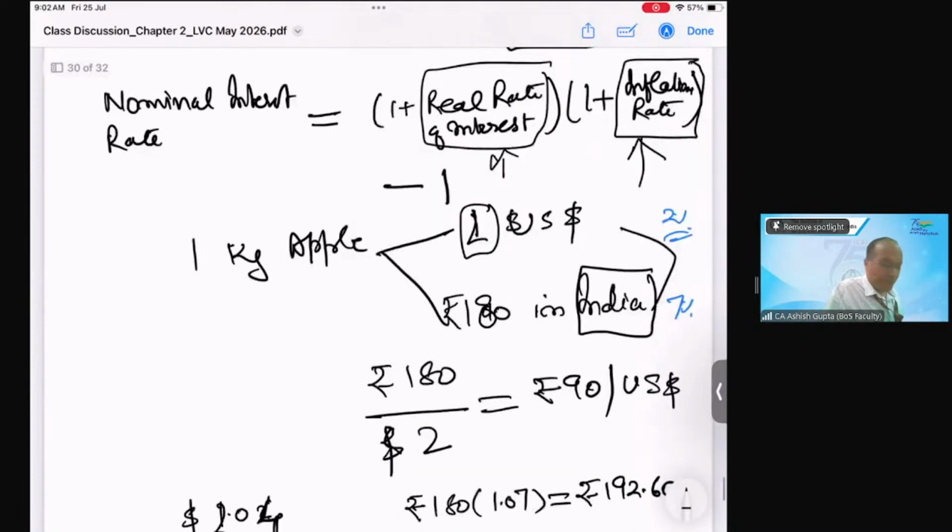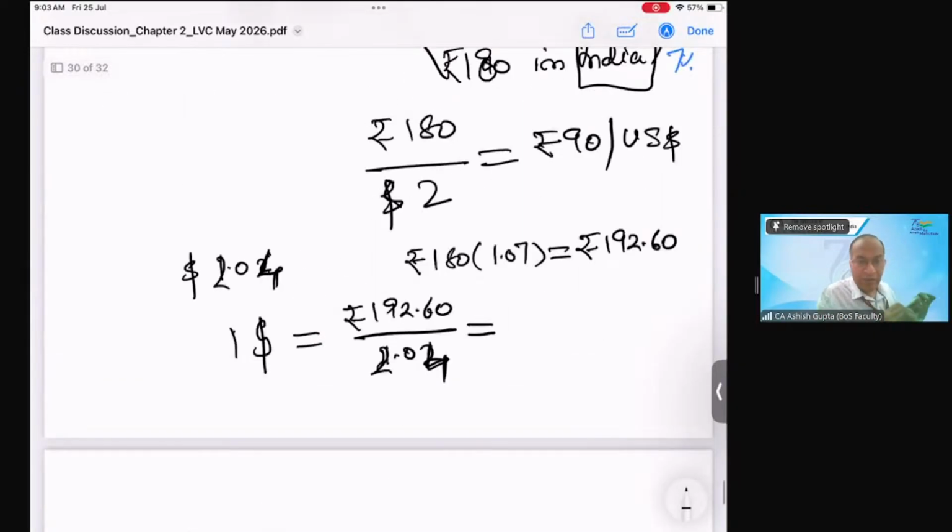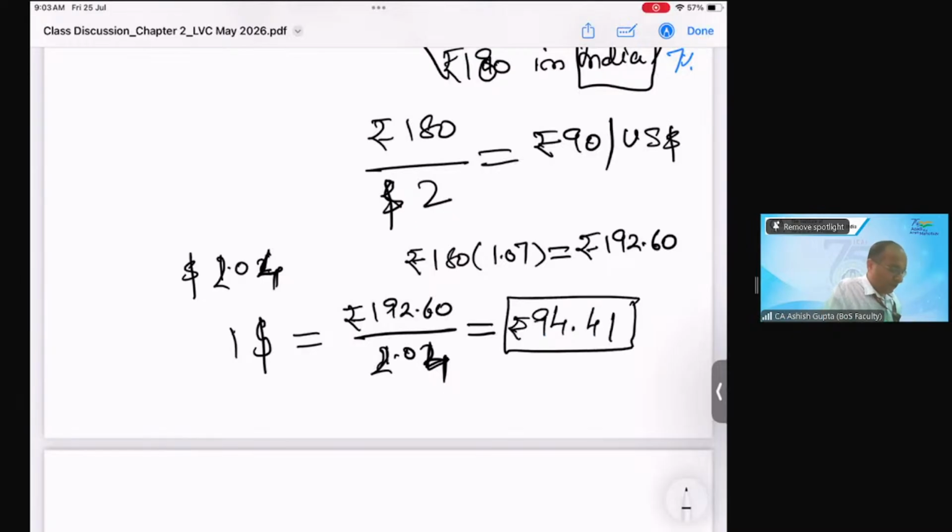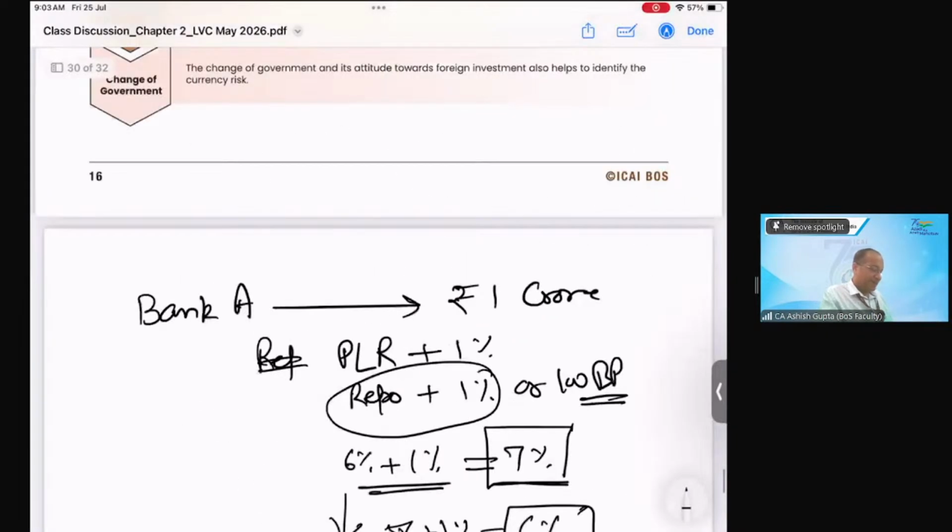My inflation here is 2%. So for the same apple I will need to pay $2.04 in USA, and 192.60 in India. Accordingly, my new rate becomes 192.60 divided by 2.04, which is 94 rupees 41 paisa per US dollar. So this is an indicator that if the inflation is higher, there is a higher currency risk.